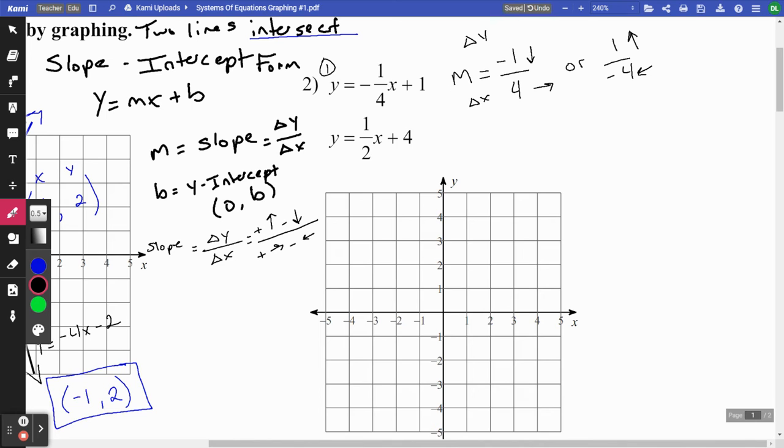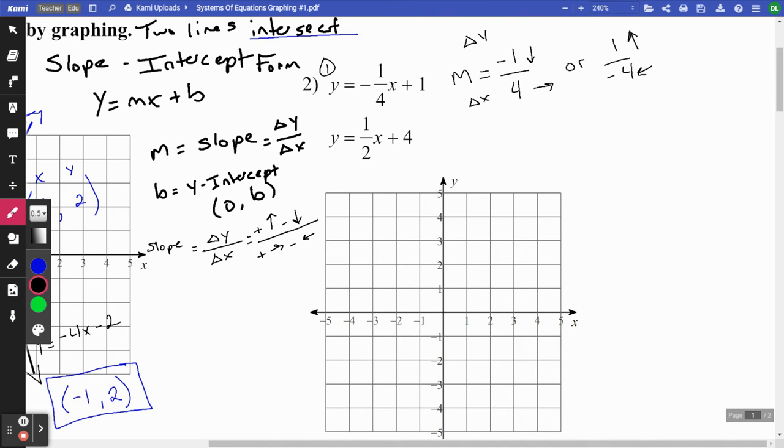If you go from the origin, you go to the right, it's positive for x. You go to the left, it's negative for x. From the origin, if you go up, y is positive. From the origin, if you go down, y is negative, okay?